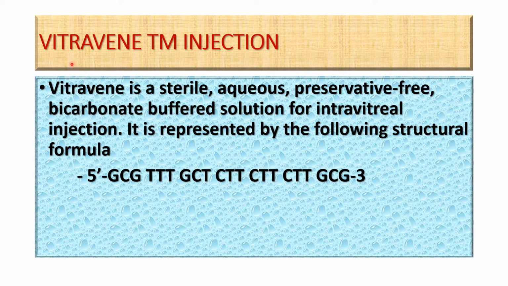Another example is Vitravene injection. Vitravene is a sterile, aqueous, preservative-free bicarbonate buffer solution for intravitreous injection. It is represented by the following structure formula. This we can use to treat some ocular disease.